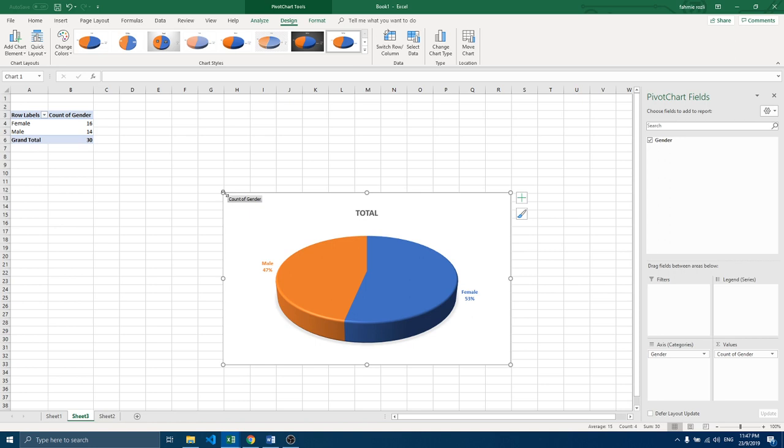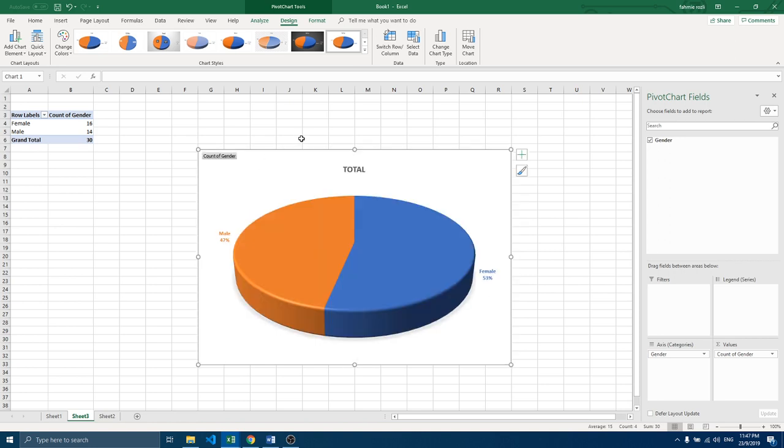All right, okay. It's up to you. You can choose any 2D pie chart, 3D pie chart. It's up to you. So this title, change to chart of gender. Okay, and then 47% and 53%.